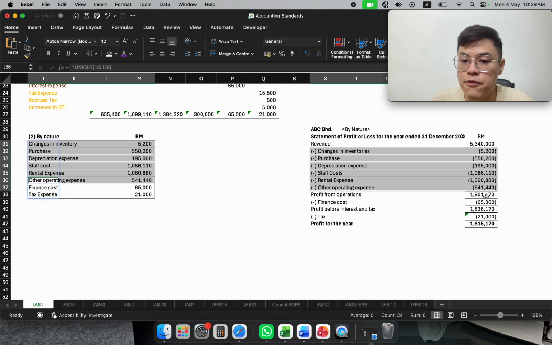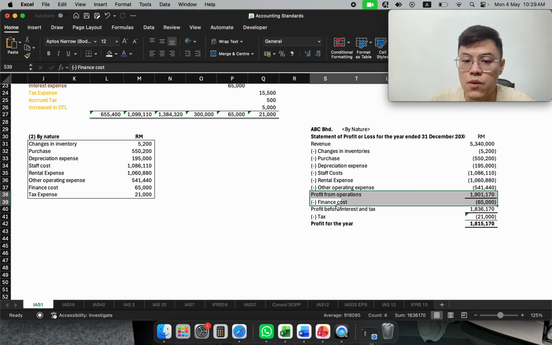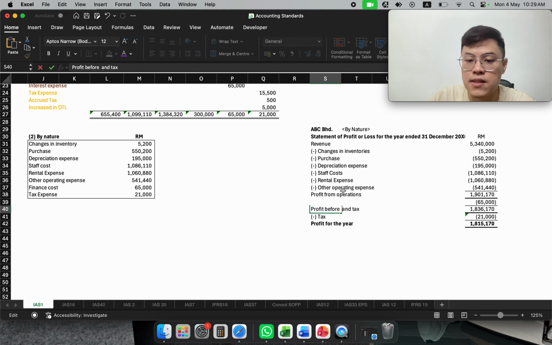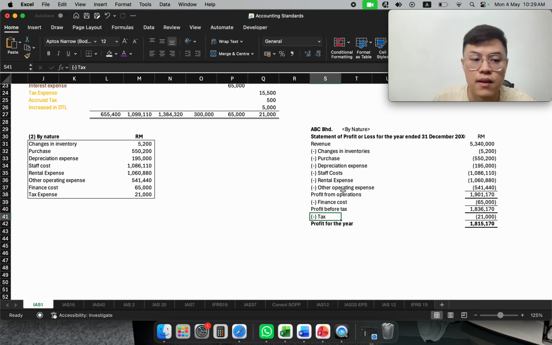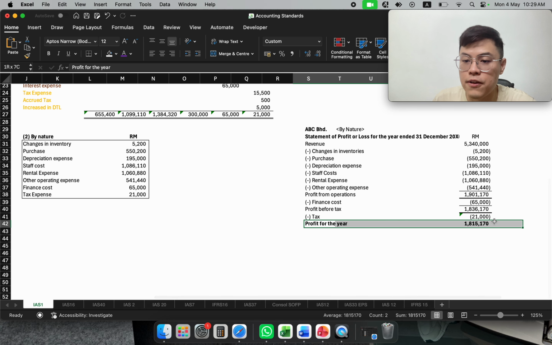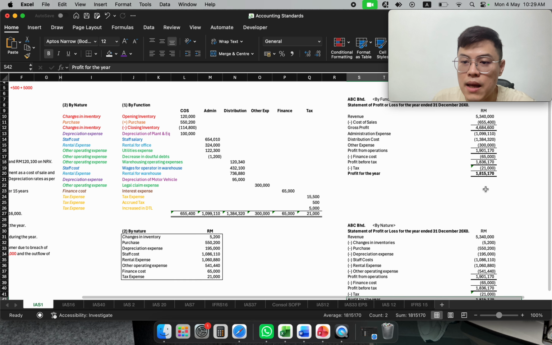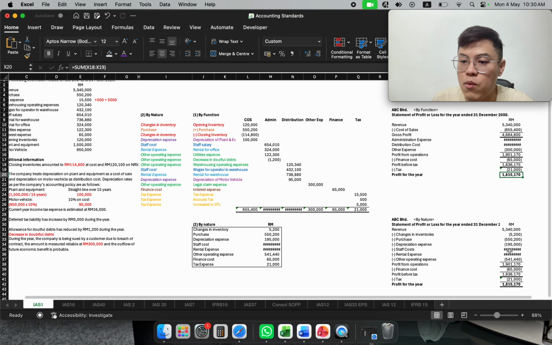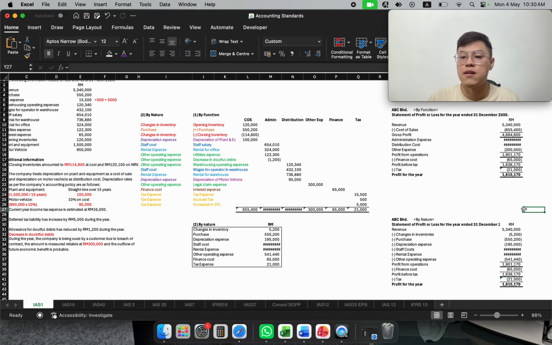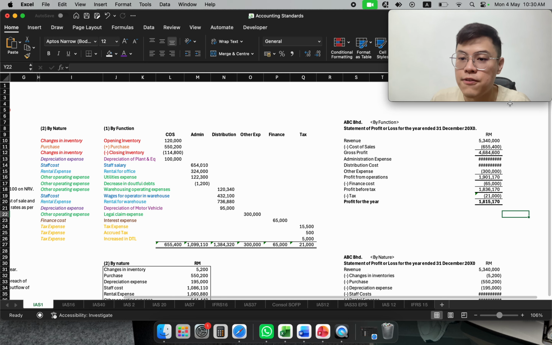Then we will get profit from operations, minus your interest. We get profit before tax, and we minus our tax expense. You will get profit for the year. So the answer for both by nature and by function is the same, 1.815 million. And this will be the by nature, by function difference.